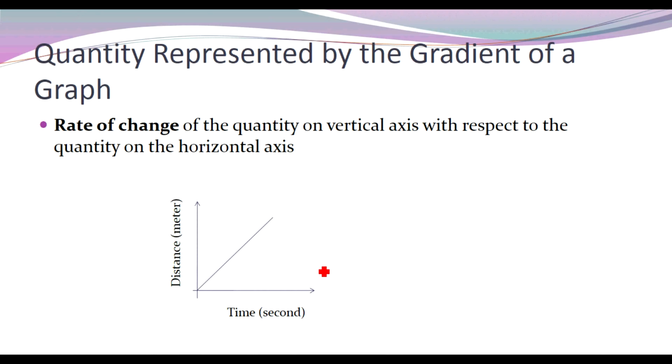Now, what is the quantity represented by the gradient of the graph? For a distance time graph, the gradient represents the rate of change of the quantity on the vertical axis with respect to the quantity on the horizontal axis.